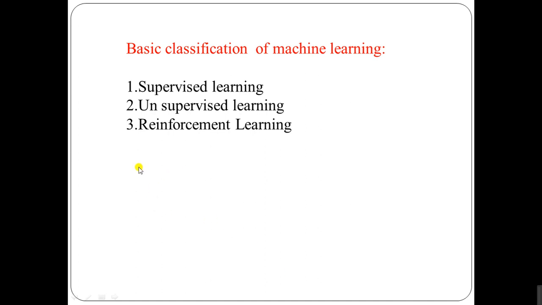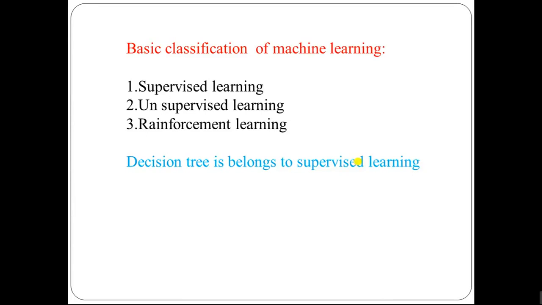The algorithm gets told when the answer is wrong but does not get told how to correct it. So it has to explore and try out different possibilities until it works out how to get the answer right from its experience. Here, the decision tree belongs to supervised learning.